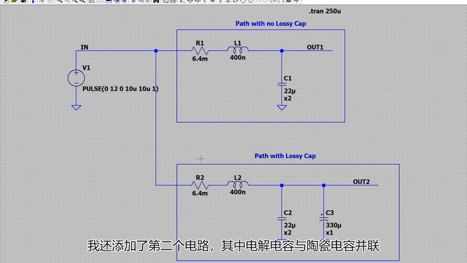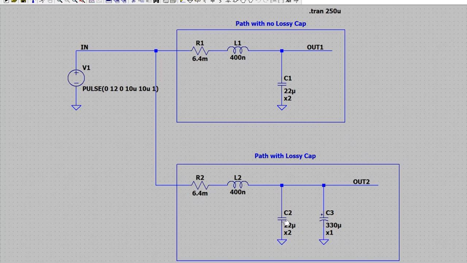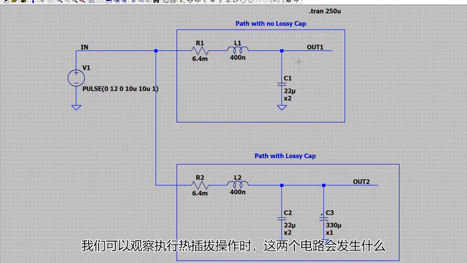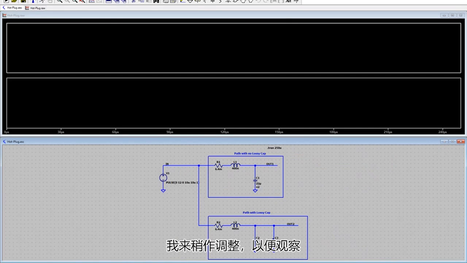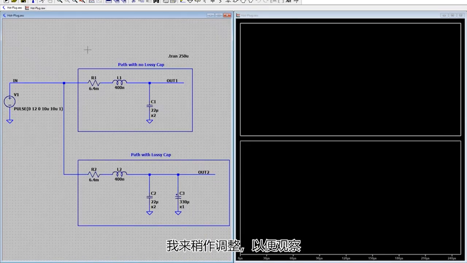I've also added a second circuit where we have an electrolytic cap in parallel with the ceramic cap. And so we can look at both of these and see what happens when we do this hot plug operation. So let me run this. And then I'm going to just change this to look like that.